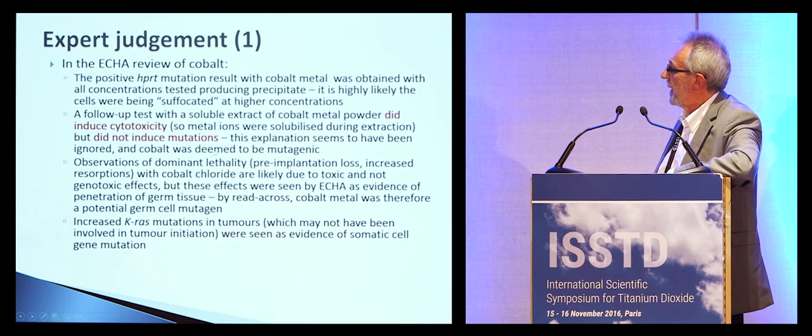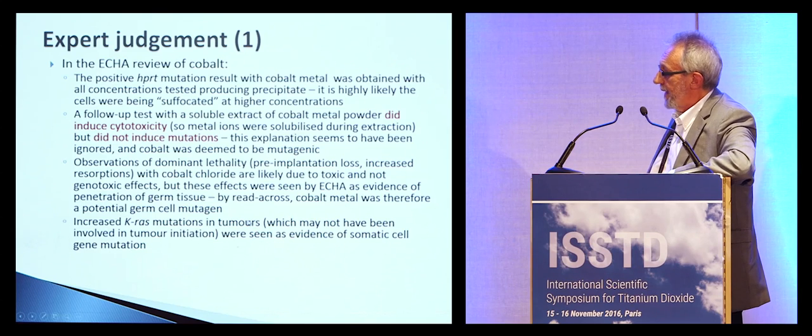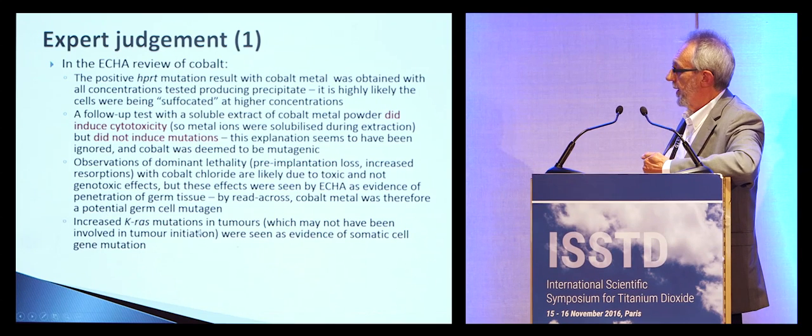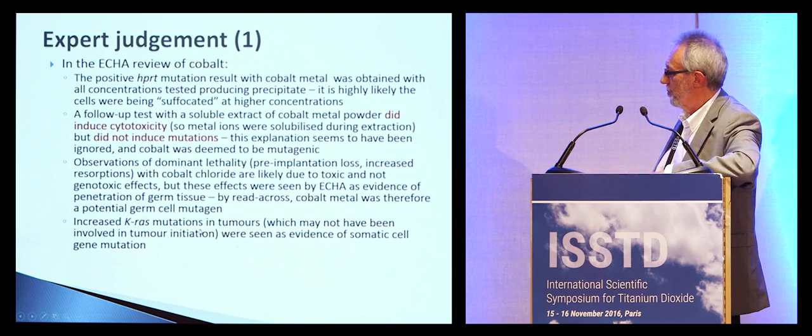In addition, in an inhalation study, there was an increased incidence of KRAS mutations in the tumors that were found in the study. We cannot tell whether those KRAS mutations occurred before the tumors developed, whether they were part of tumor initiation, or whether they occurred as a result of clonal expansion after the cells had become malignant.